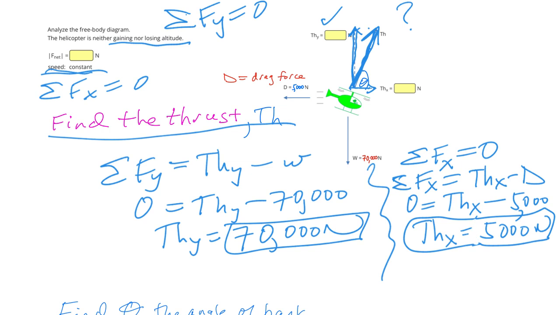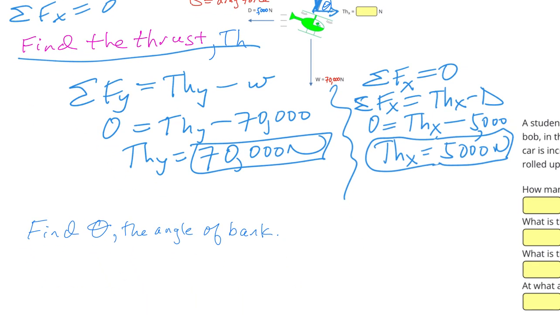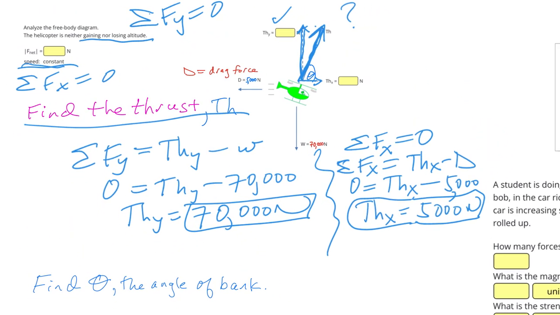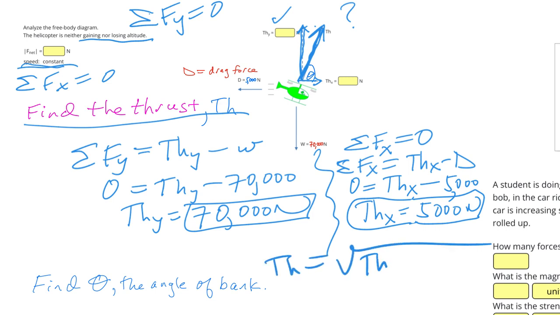Okay, so how do you find the resultant given the x, y components? You should be able to do this. So the thrust is equal to the square root of the sum of the squares of its components.